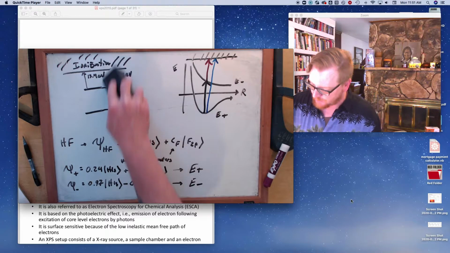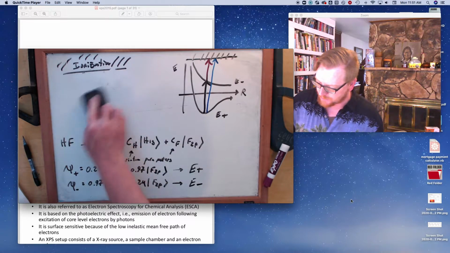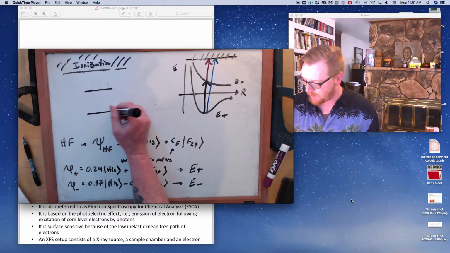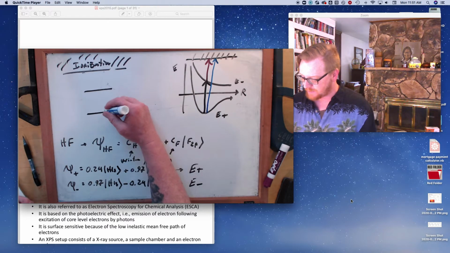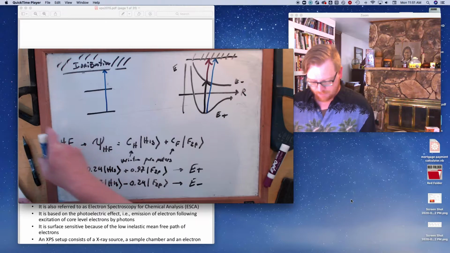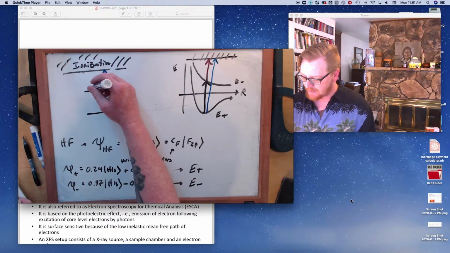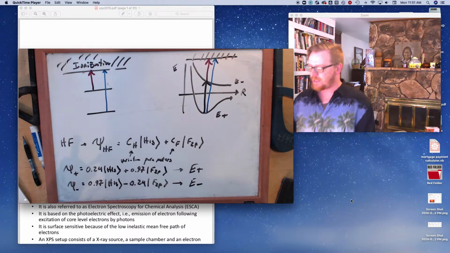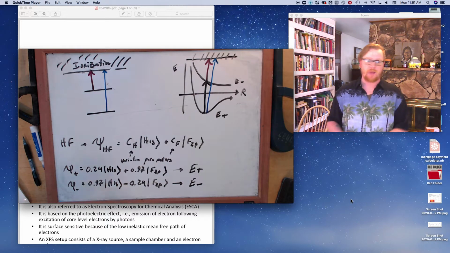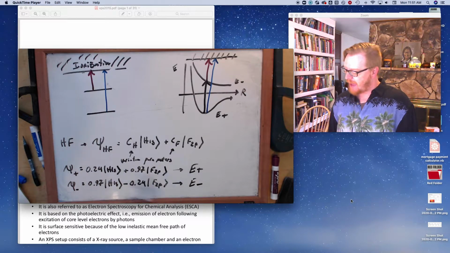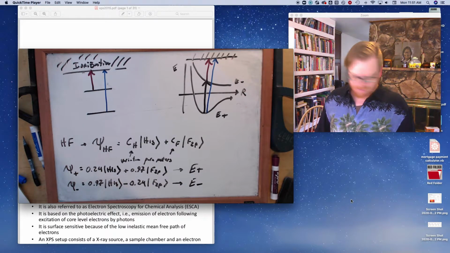So let's redraw these with different colors to make this diagram more clear, okay? So we have that level, and then we know that this is my 17.6, and this was my 13.4. And so now, what about, where do the F2p and the H1s exist on this?